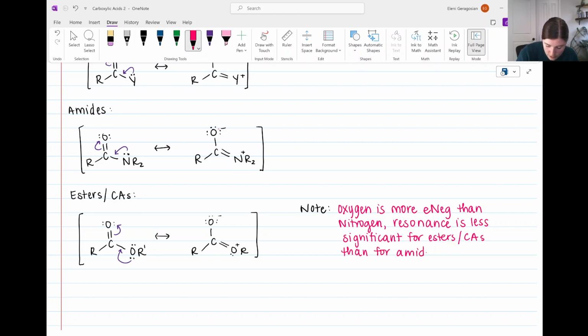And this goes back to nitrogen groups being better electron donating groups. The electrons are more available since nitrogen is less electronegative, so these are better electron donating groups, and having stronger electron donating groups makes the carbonyl carbon less reactive.